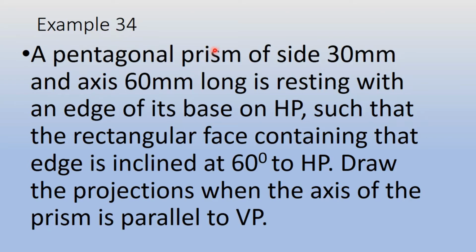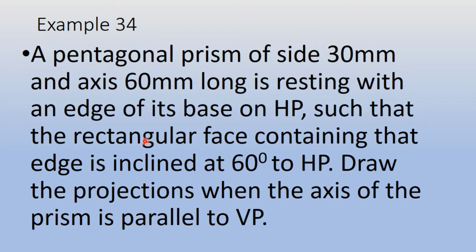So here now we are having a pentagonal prism which is inclined to HP. The important conditions here are that one of the smaller edges of this pentagonal prism is resting on the HP. This will automatically mean that we are having an inclined prism with respect to HP.